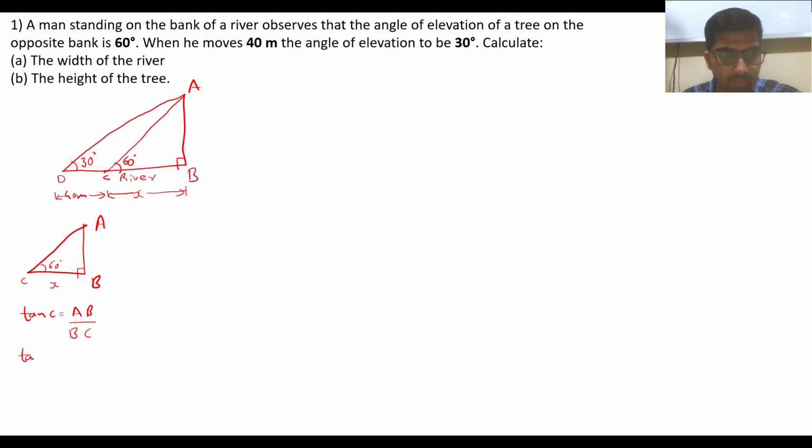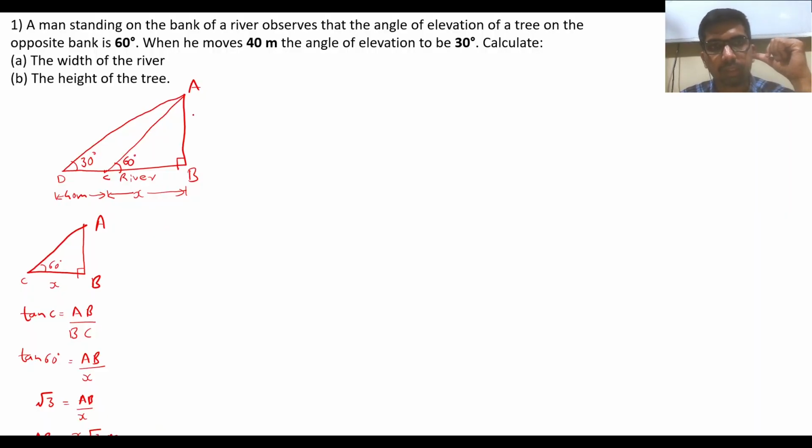So tan 60 equals AB upon BC. We don't know the height of the tree, AB, and BC is x. Tan 60 is root 3, from the table 0, 30, 45, 60: 0, 1 upon root 3, 1, root 3. So root 3 is AB upon x. So AB is x root 3. We can just write x root 3 as it is. Let it be as it is. We'll see what happens.